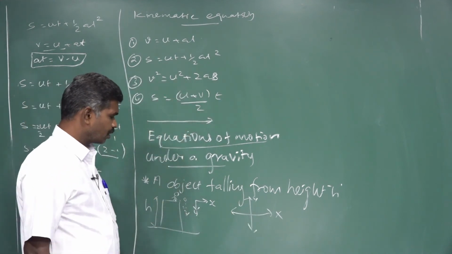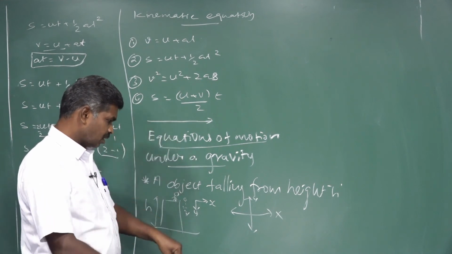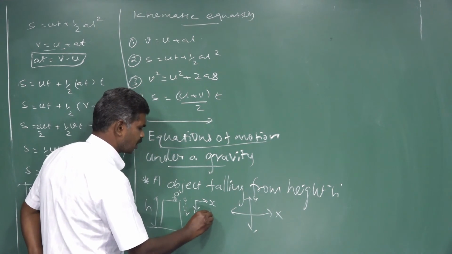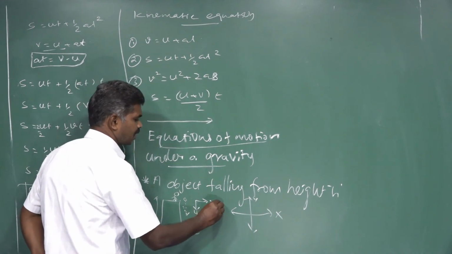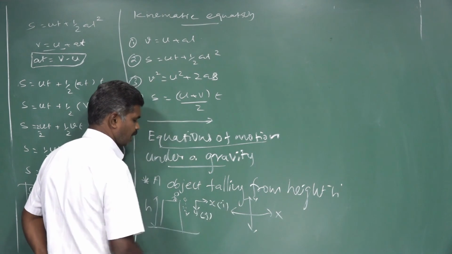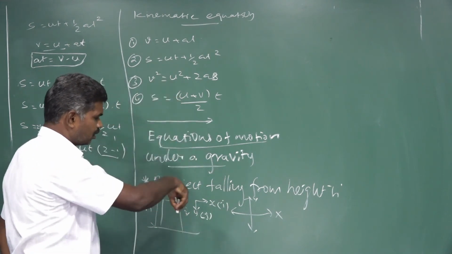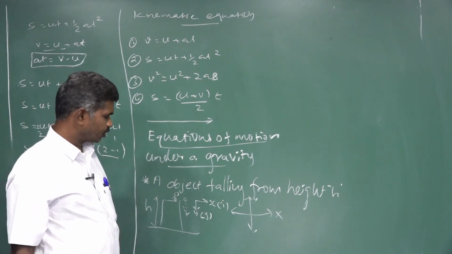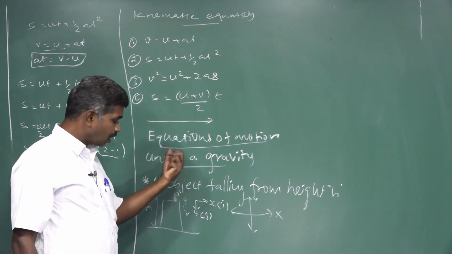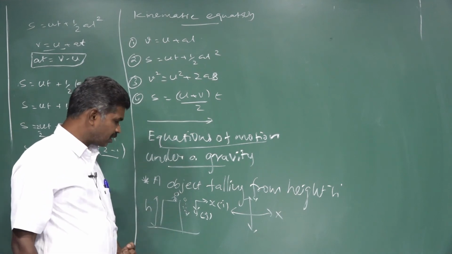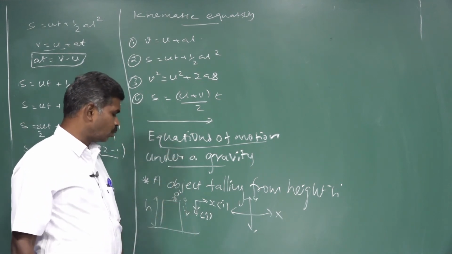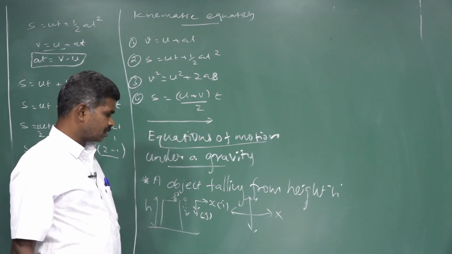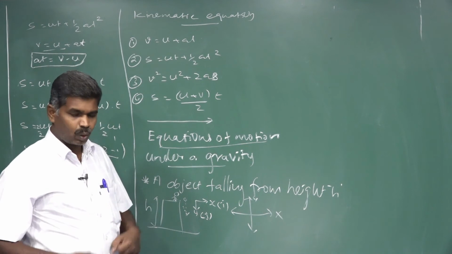Positive y axis direction is represented as j cap, and positive x axis as i cap. Here the particle moves along the y direction only, so gravity acts in the y direction alone. That's why acceleration is only in the y direction. Other than the y direction, in the x and z directions, there is no acceleration.